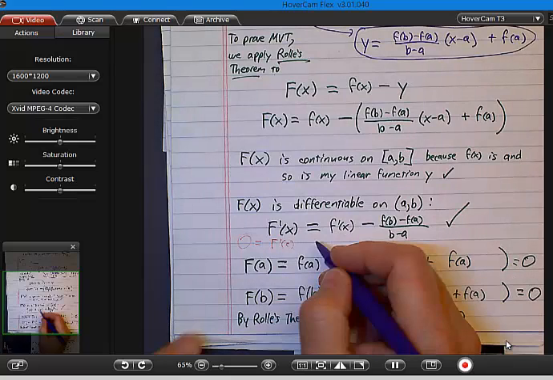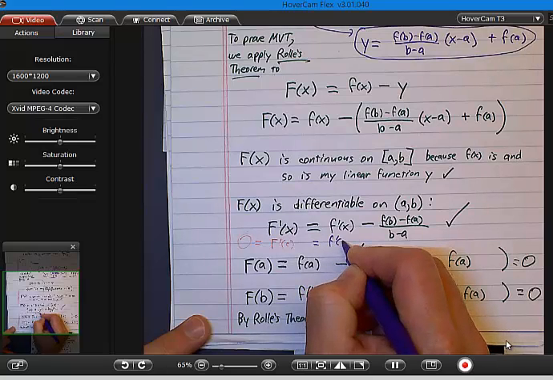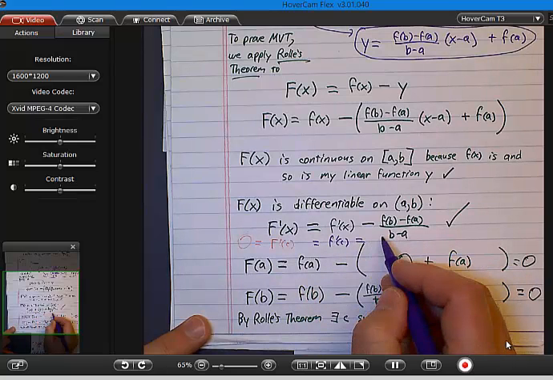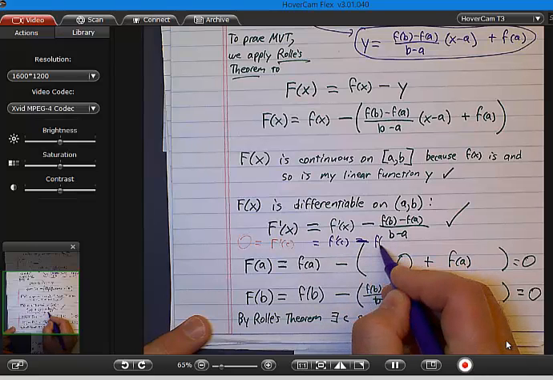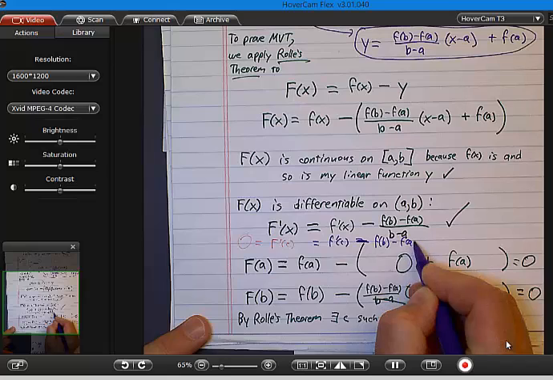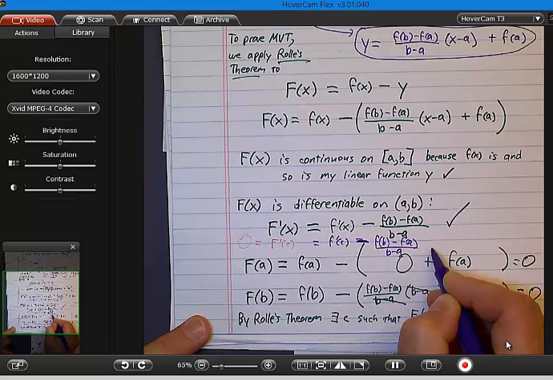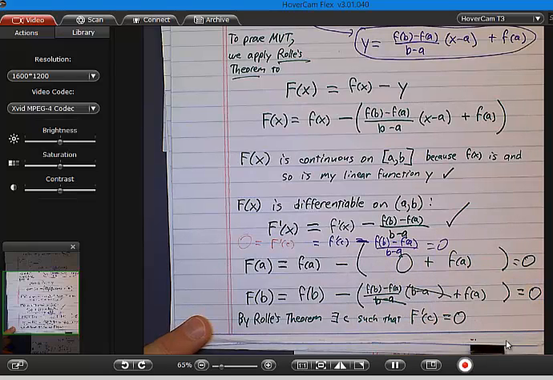But that would be little f prime of C minus f of B minus f of A over B minus A. So all this stuff equals 0. So if you want to prove the theorem now, just get this by itself.